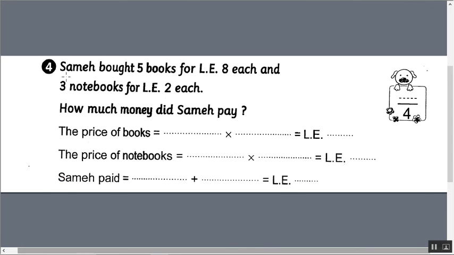Question 4. Sameh bought 5 books for 8 pounds each and 3 notebooks for 2 pounds each. Sameh bought 5 books, like this form.